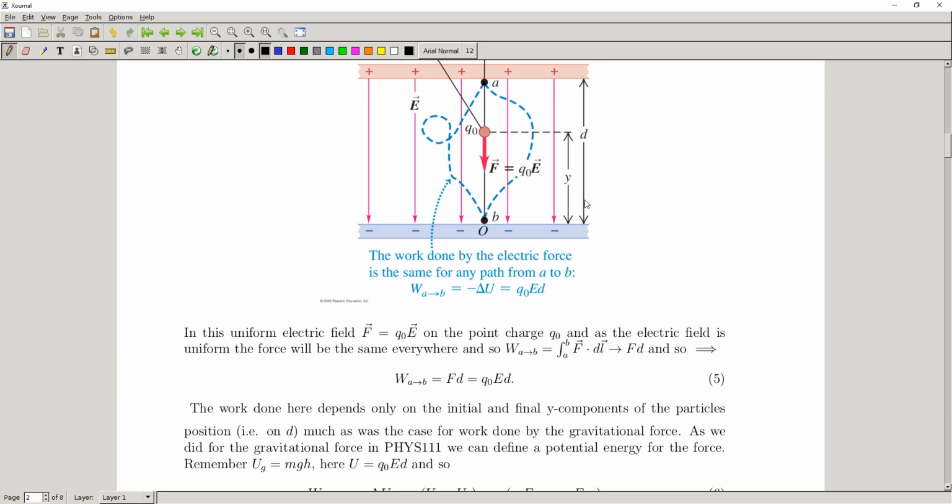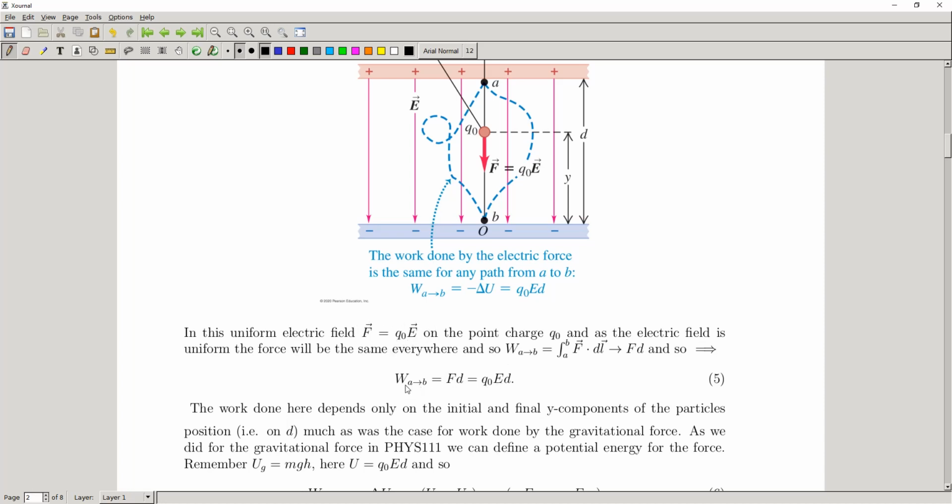But if we're doing the line integral of dl from A to B, that's just d, right? We're just breaking this up into a bunch of tiny little segments and then integrating over the whole thing, and there's nothing else in the integral, so it's just going to give us back that length that we're integrating over. And so we end up with this expression that we see here, but we can substitute in for our F using the equation we have up here.